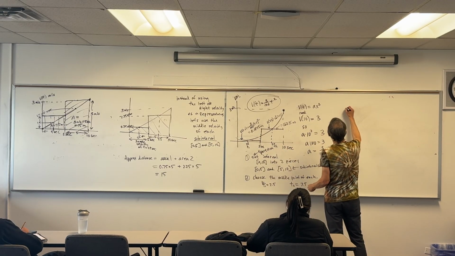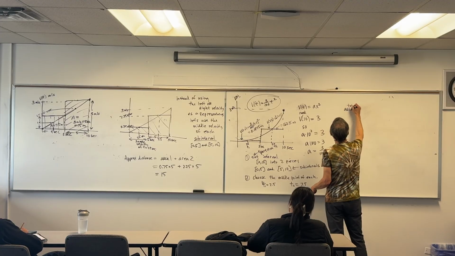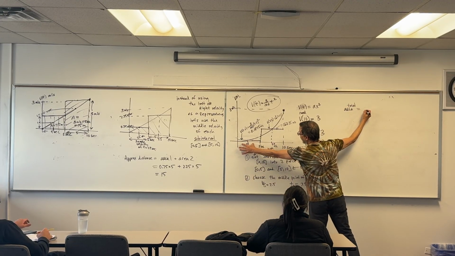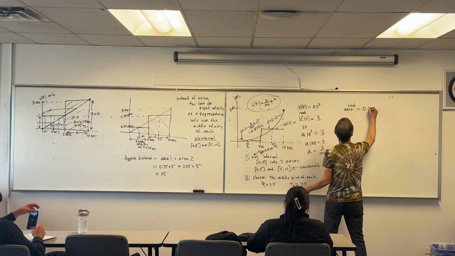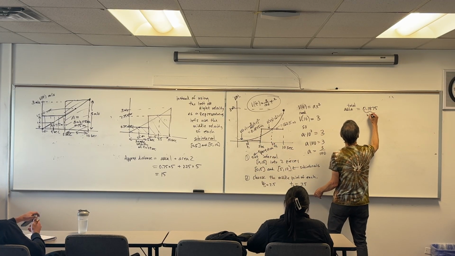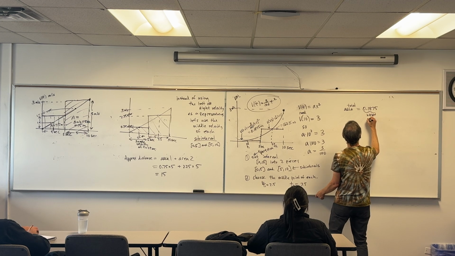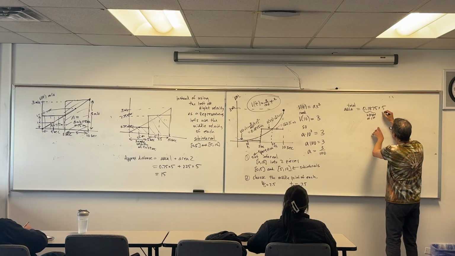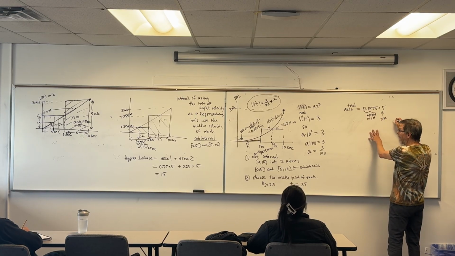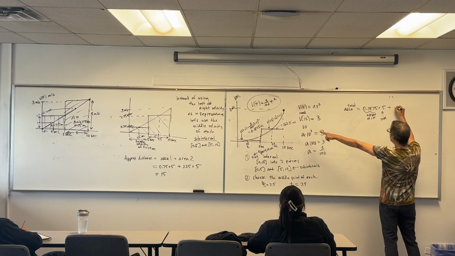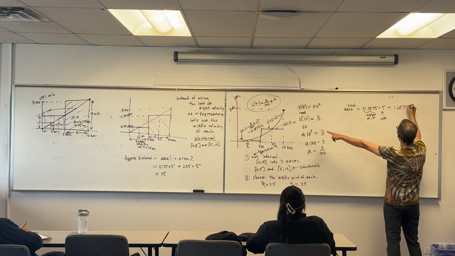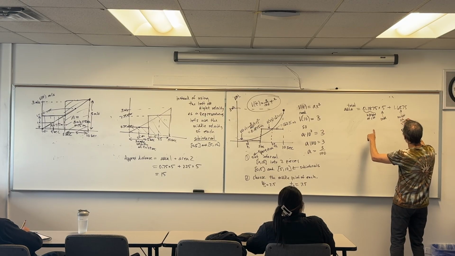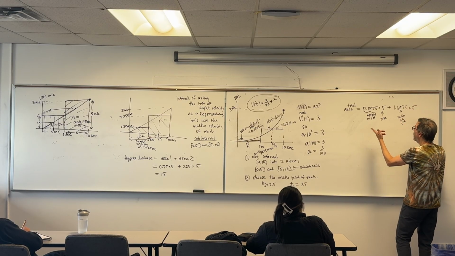So the total area of these rectangles equals the height, 0.1875, that's the height of the first rectangle, times 5, this is the base, 5 seconds, plus the second one, which is 1.6875, that's the height of the second rectangle, times 5.